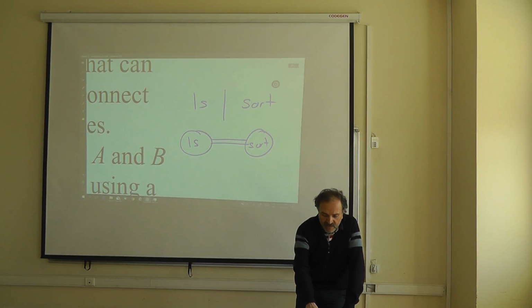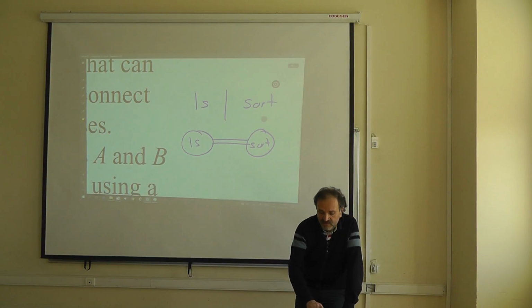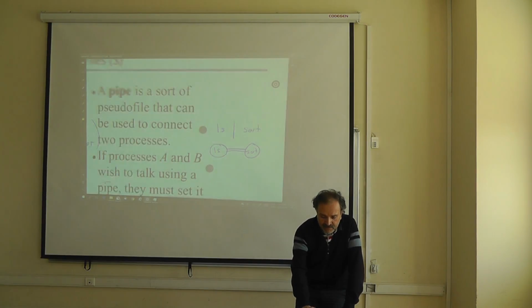So the output of ls is fed into sort. ls doesn't know that it is connected to sort, and sort doesn't know that it is connected to ls. All ls does is write to a file, and sort reads from a file. That file is a special file called a pipe.